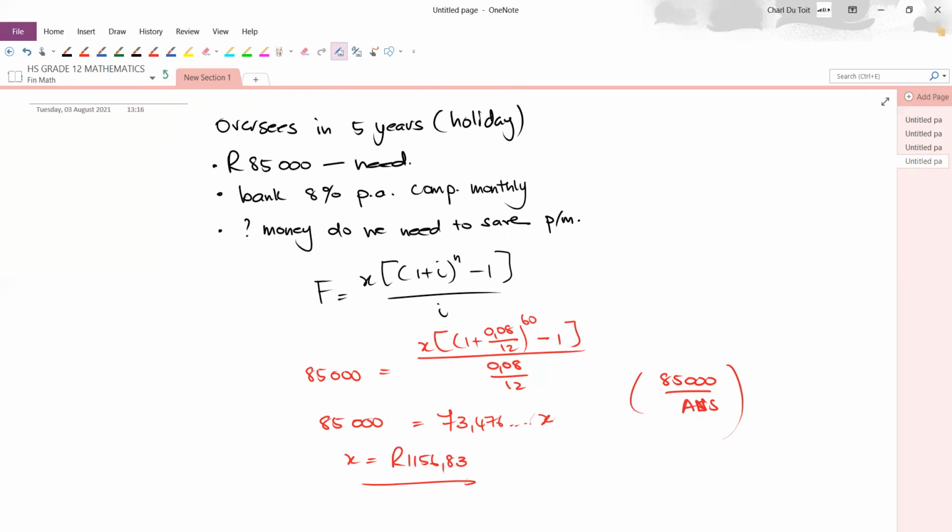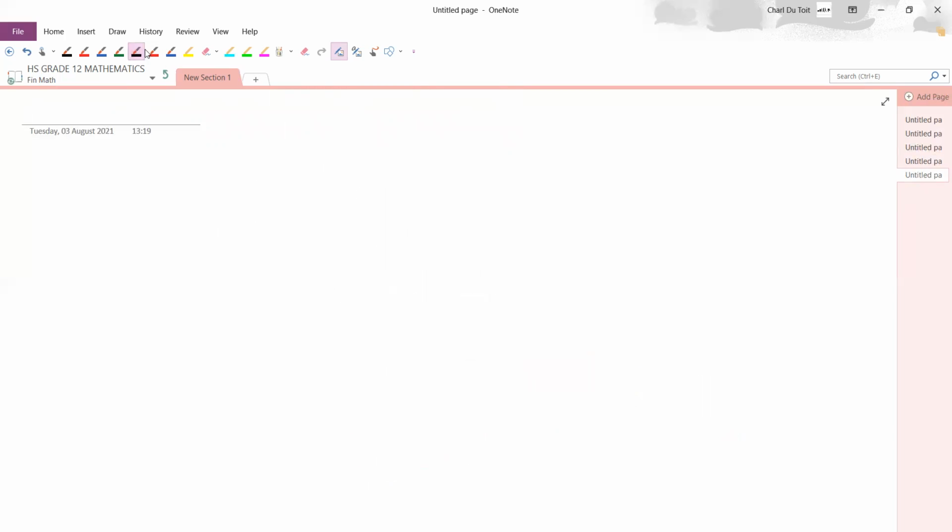Right, now with future values, they can play around. They can mess around, basically. They can say, look, we're going to save, let's say, 600 Rand today. That normally means the first of the month.